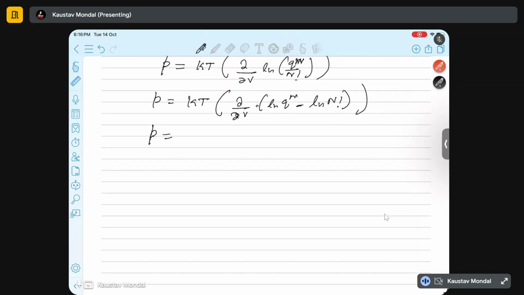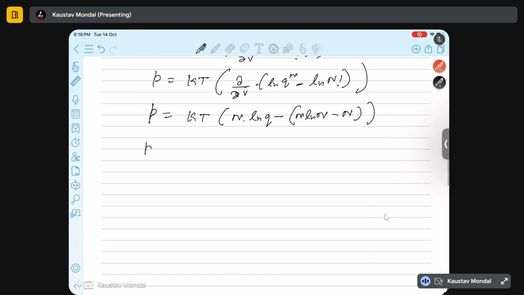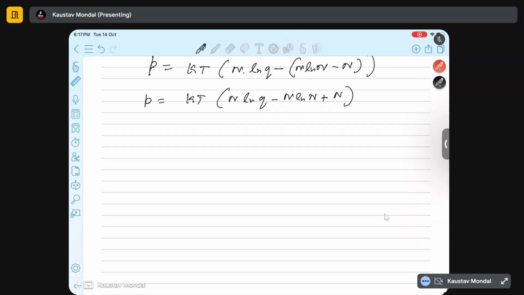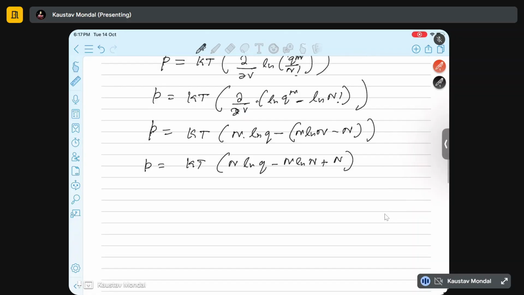Now P equal to kT into del by del V of N ln q minus, using the Stirling approximation here, N ln N minus N, so N ln q minus N ln N plus N. There is also del V, I forgot to write it.